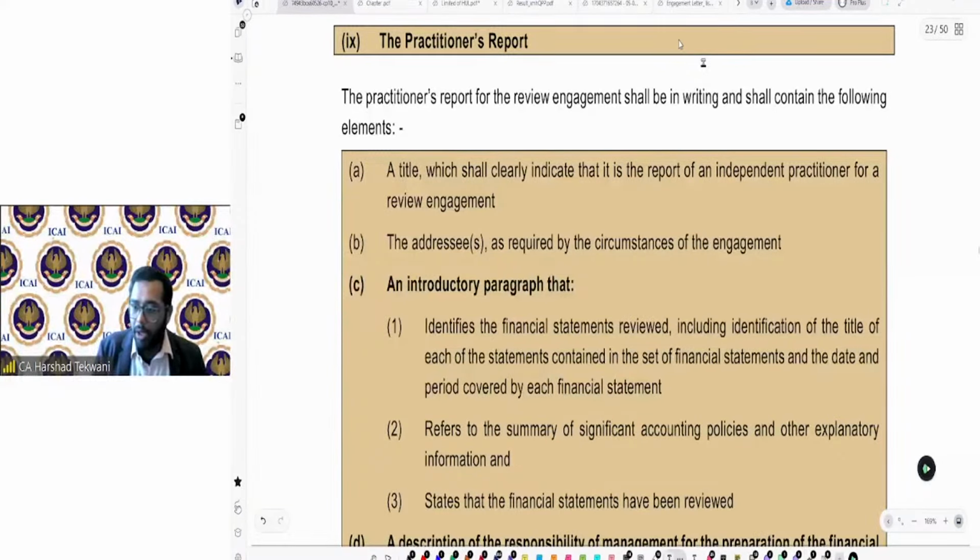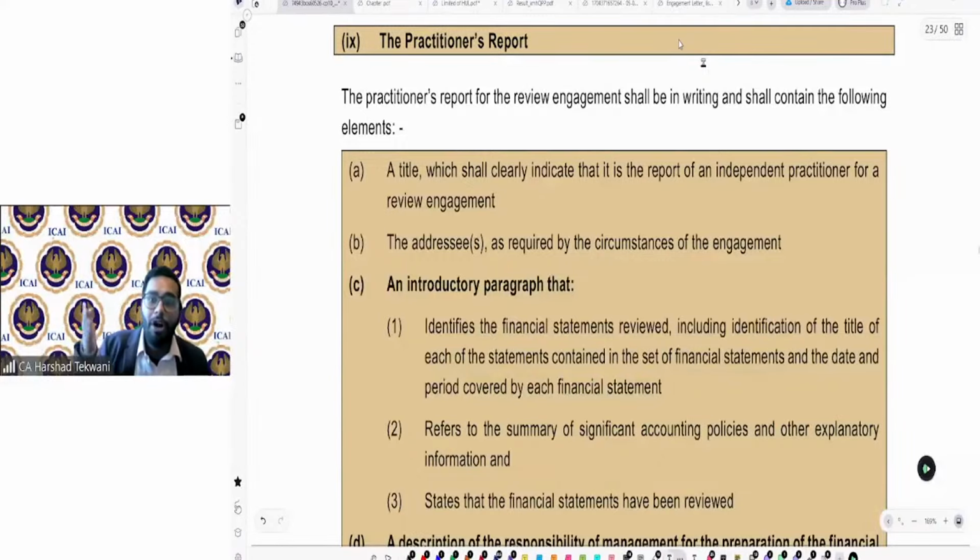Here, the objective of the practitioner is to form a conclusion, to reach a conclusion that nothing has come to his attention which could lead him to believe that financial statements are not materially misstated. It is a kind of negative assurance. He has to reach a conclusion that financial statements are not materially misstated because nothing has come to his attention.